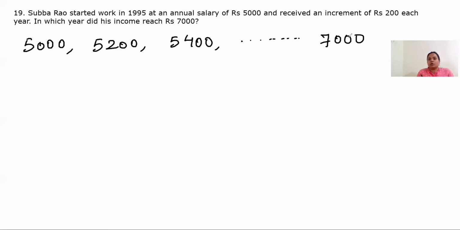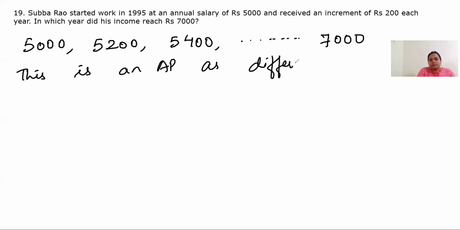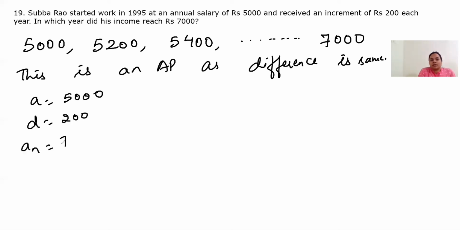This is an AP because D is equal in all the cases. So I can write this is an AP as the difference is the same. A is 5,000, D is 200, AN is 7,000.